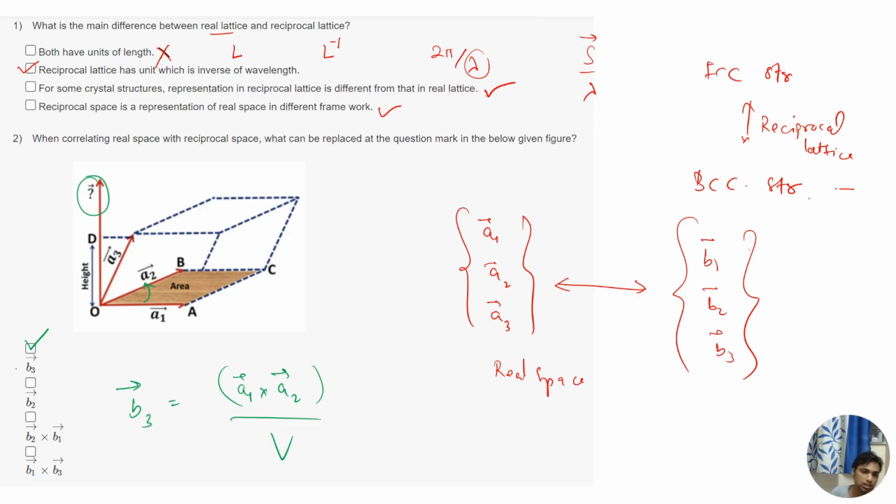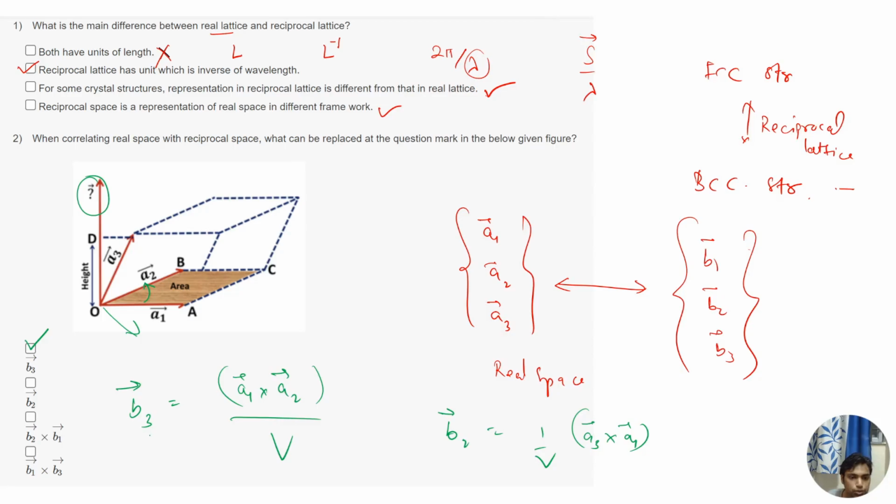And why are the others not? Because b2 is 1 by v a3 cross a1. a3 cross a1 is a plane which is perpendicular, along this direction, to a1 as well as a3.